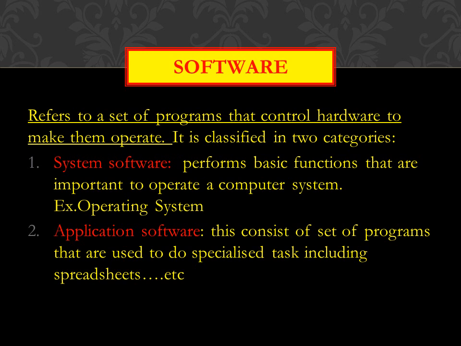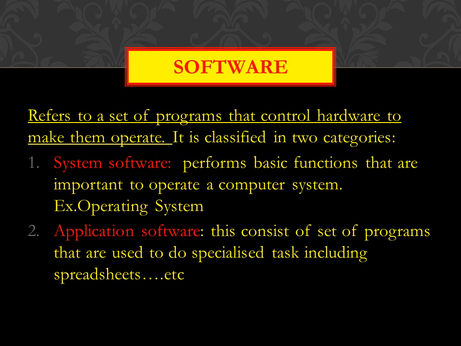While we talk of application software, it comprises those sets of programs that are used to do specialized tasks, including spreadsheets. That means these are some special software installed in our computer to do specialized things.